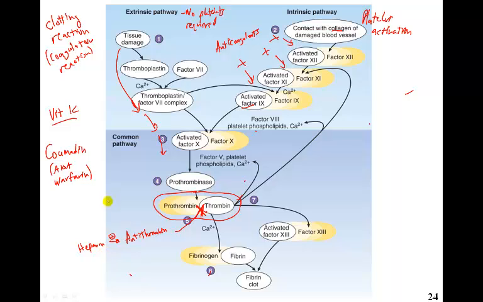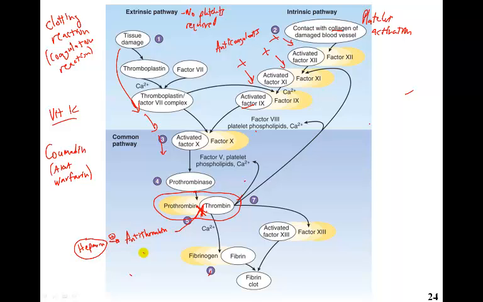And this is just one of the many anticoagulant systems that we have in the body. But the reason I'm drawing your attention to this one is that heparin is another really important drug that's used clinically. So if you give somebody a high dose of heparin, it activates their antithrombin pretty strongly. Think about what that would do to their clotting. Would it make them clot more, or would it make them have less clotting?